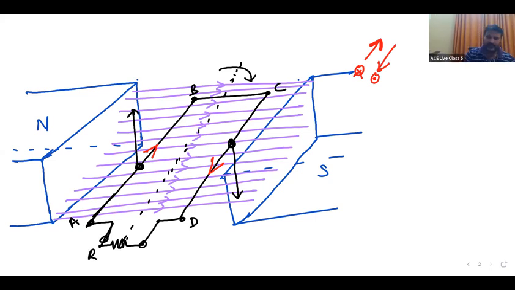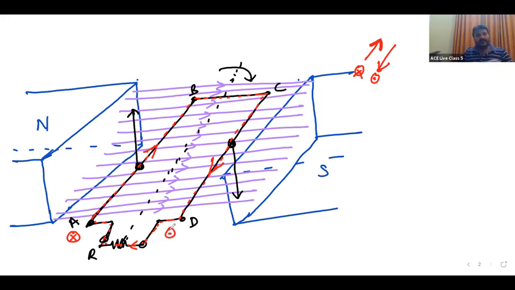Then the path for the current is A to B, and B to C, C to D, through the load. So it completes the path. A to B, C to D. But in conductor AB it is cross, and in conductor CD the induced EMF is dot.